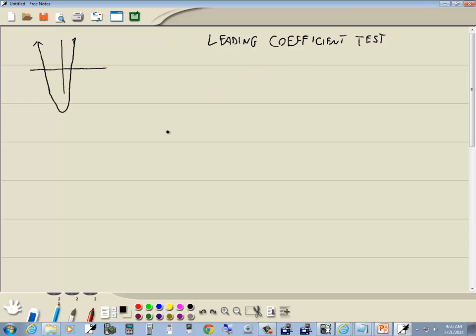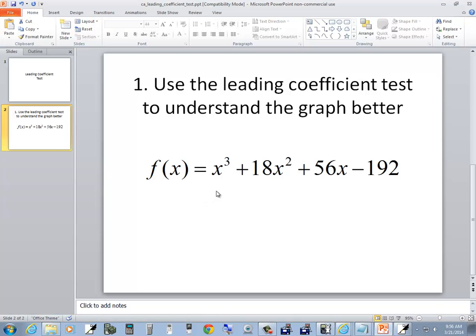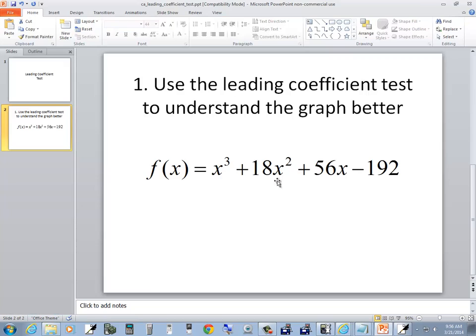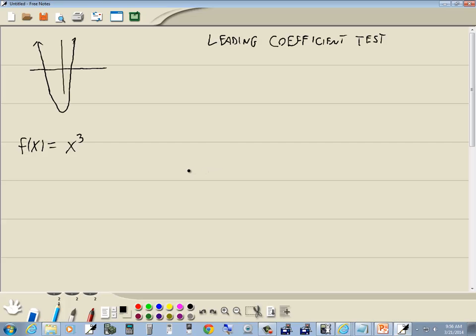Test. Now, the leading coefficient test all it takes a look at is your leading term. So we've got f of x is equal to x to the third. Leading refers to your leading term. Don't care about the rest, assuming it's in standard form. So we're looking for the term with the largest power.